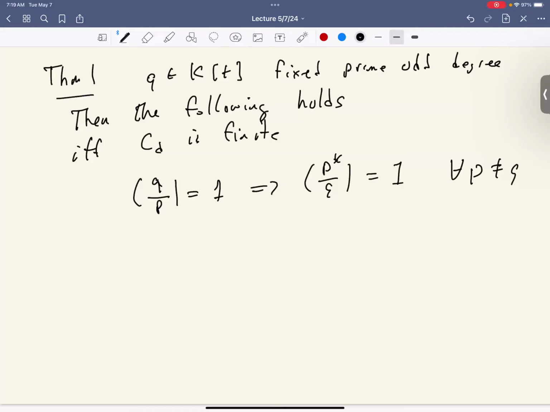So this quadratic reciprocity relation holds if and only if the class group, or the group of quadratic forms, is finite. Now, over a number field, this may or may not be true. Over a finite field, it's always true. So when it's finite, it's actually pretty easy. So in following the Gauss proof, that's really kind of where I started.